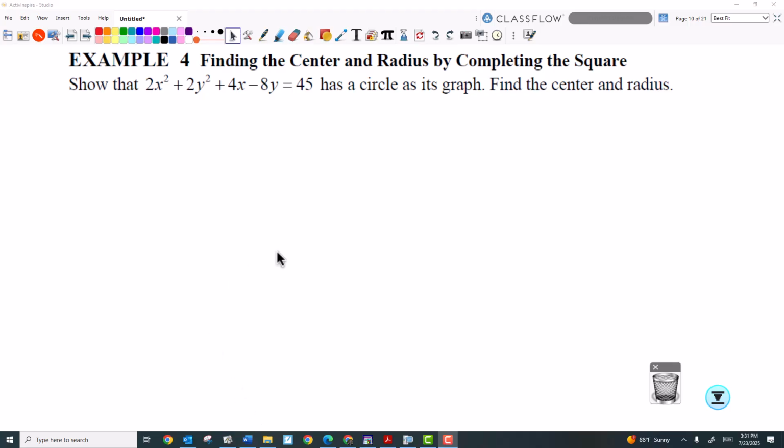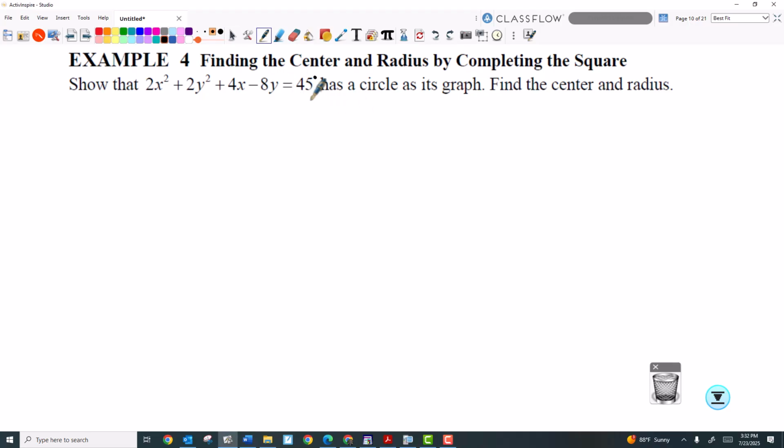Okay, it just got harder again. Let's notice that the x squared and the y squared have 2's in front of them. So what we're going to do is we're going to divide the whole thing by 2. And we're going to cheat.